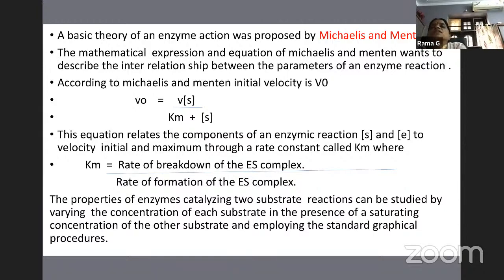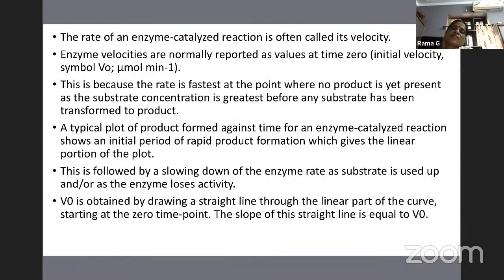And the rate of an enzyme catalyzed reaction is often called its velocity. That means the rate with which it starts in the presence of the enzyme is called velocity. And usually enzyme velocities are normally reported as values at time 0. That means initial velocity is always indicated by V0 only.